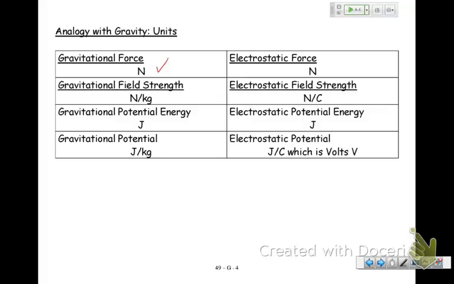So newtons for electric force becomes newtons per kilogram for a gravitational field strength. Joules, gravitational potential energy becomes joules per kilogram for gravitational potential. Newtons becomes newtons per coulomb. Joules becomes joules per coulomb, which is named after volt. Named that just to call the volt. Cool.